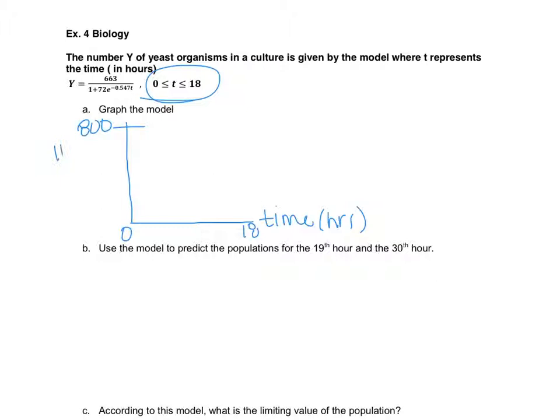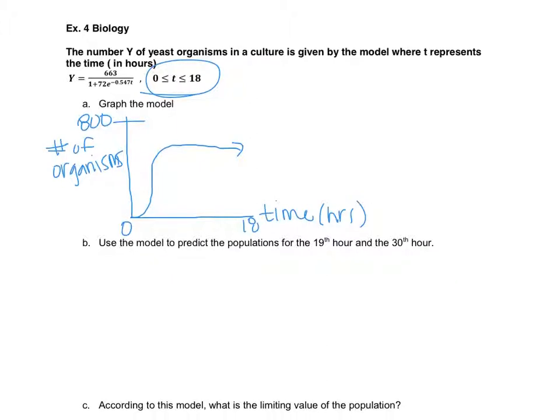Now, I haven't labeled this one yet, so I'm going to say number of organisms. Okay, so that I understand. Now, if you look at the graph, it goes something like this. Okay, so that's giving me an accurate graph when you use the appropriate x and y axis numbers.